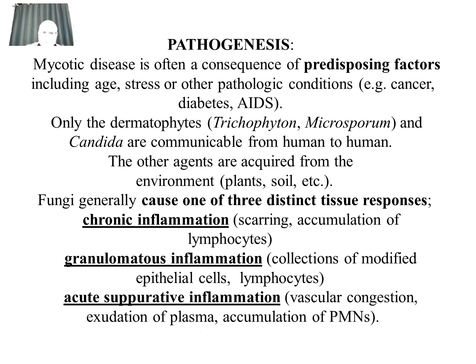So let us look at the pathogenesis of fungal infection. Most mycotic diseases are often a consequence of predisposing factors like age, at the extremes of age, very young or elderly, stress, or any other pathological conditions, for example diabetes, hypertension, cancer, chemotherapy, steroids, autoimmune conditions, hypersensitivity, all those conditions which cause the immune system to be suppressed.